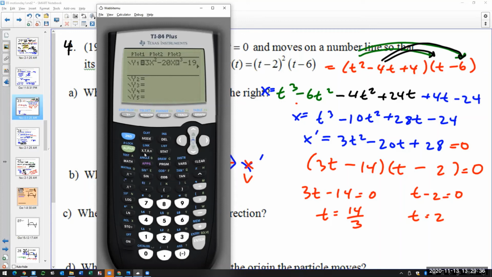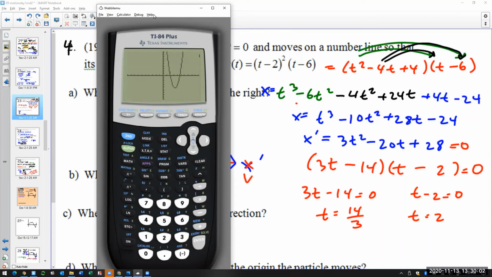I should clear my calculator. You're right. I just hit delete when I'm done, like 30 times. Okay, I'm going to graph the velocity curve.